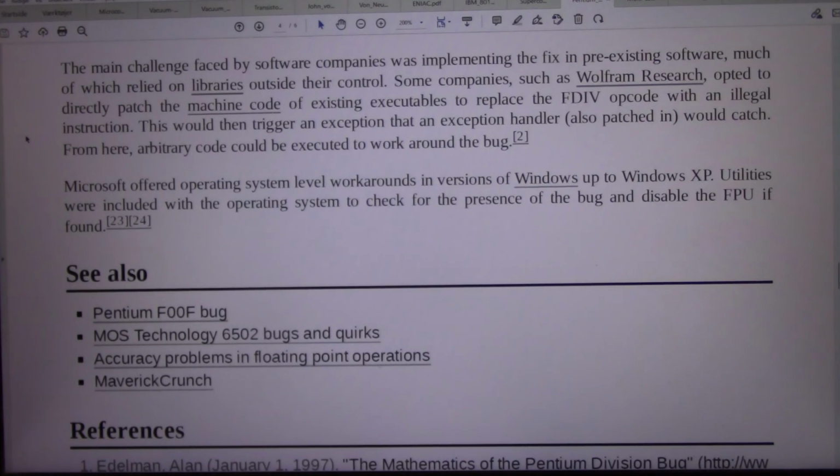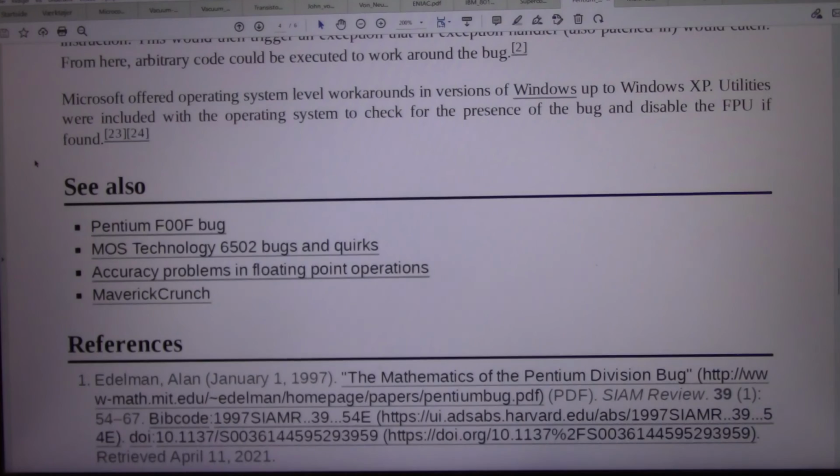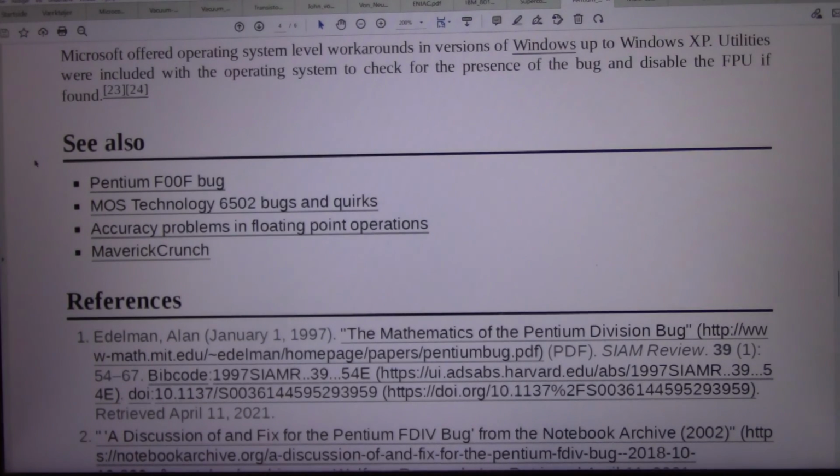From here, arbitrary code could be executed to work around the bug. Microsoft offered operating system level workarounds in versions of Windows up to Windows XP. Utilities were included with the operating system to check for the presence of the bug and disable the FPU if found.